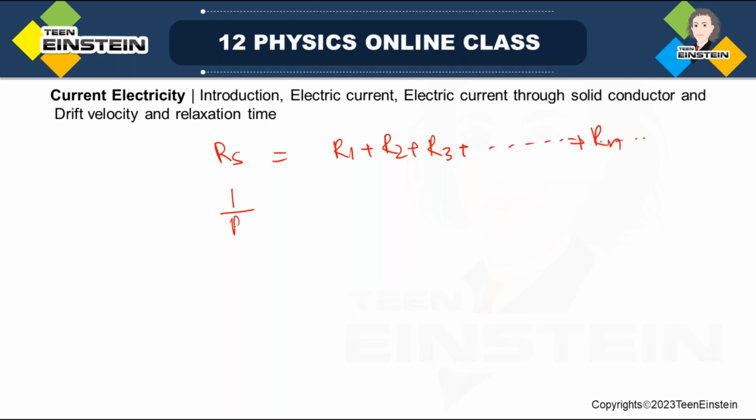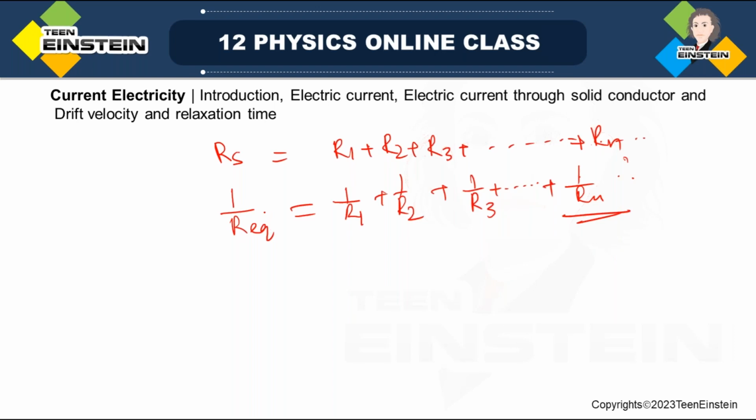Now, for parallel, 1 by R equivalent is equal to 1 over R1 plus 1 over R2 plus 1 over R3 plus and so on.